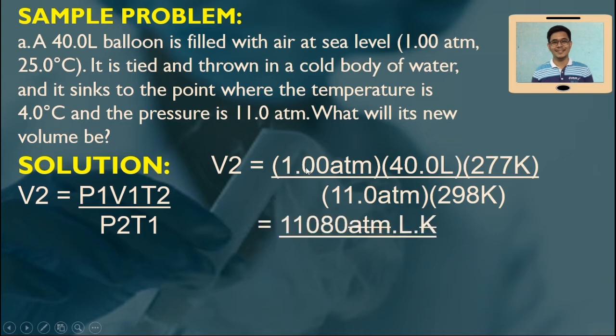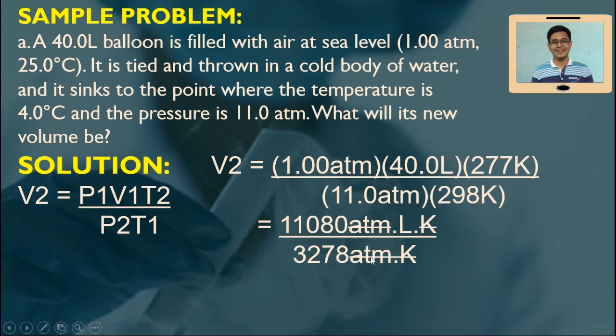So dito muna tayo sa taas. Okay, sa numerator, so we have 1 multiplied by 40 multiplied by 277. This will give you the product 11,080 atmosphere liters Kelvin. And then sa ating denominator, it will give you the product 3,278 atmosphere Kelvin. And then here, makikita nyo kinansel natin yung magkatulad na unit, which is yung atmosphere and Kelvin.